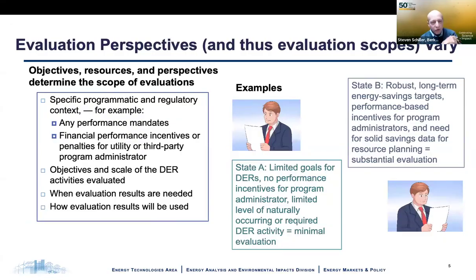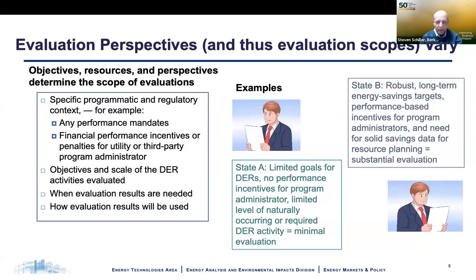But the scope can vary depending on what your evaluation perspective is. You have specific programmatic and regulatory contexts, whether it's performance mandates or performance incentives, scale, so how the evaluation results will be used. In this example here, I have 2 different states. State A here has unlimited goals. They have no performance incentives.